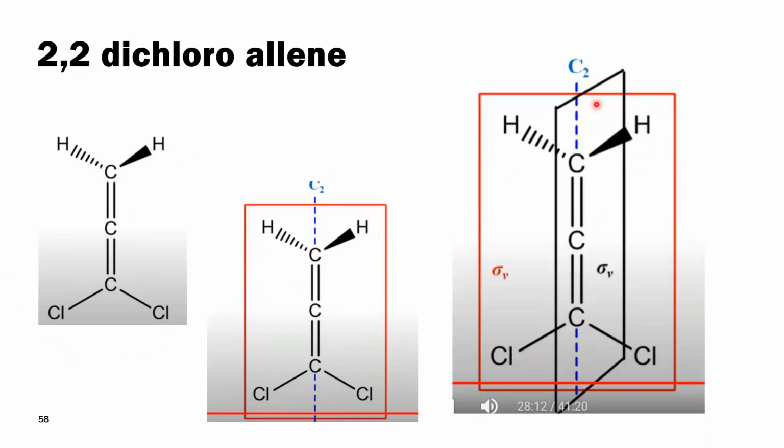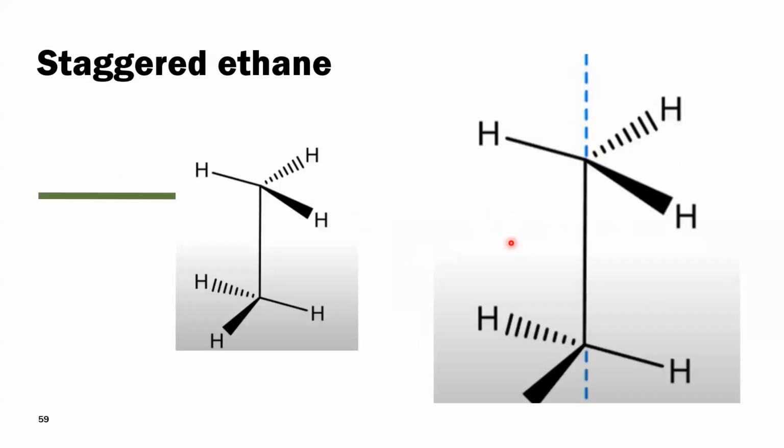So when you keep a mirror plane here, you get one hydrogen going inside, other one coming out. So these two will be having equal positions. And here it bisects the two carbon-Cl bonds. So there are two sigma V's in this molecule. It's not a planar molecule. Only one part is planar, the other part is not planar. It is perpendicular to this plane. So therefore, there are two sigma V's.